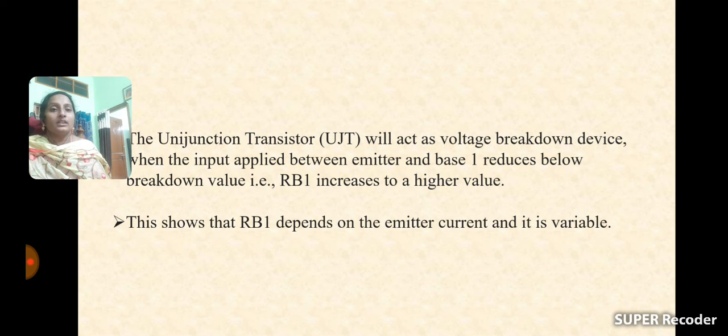This shows that RB1 depends on the emitter current and it is variable.